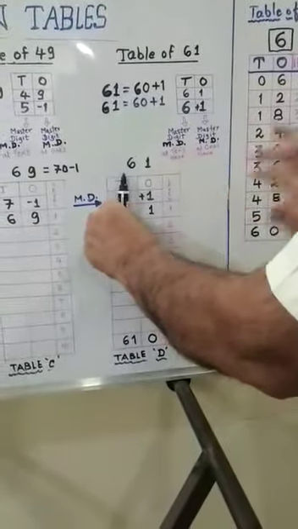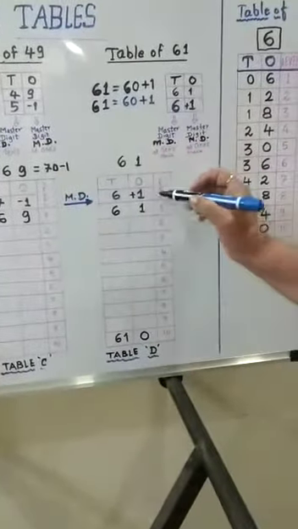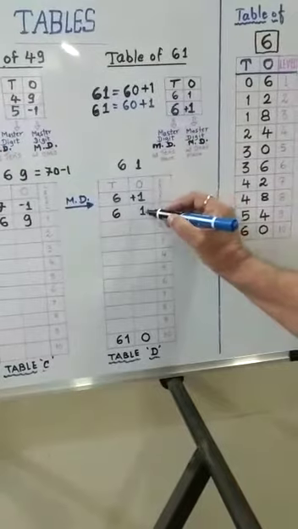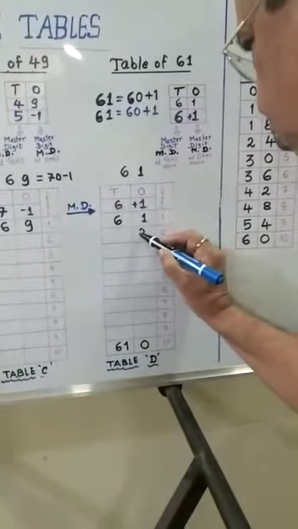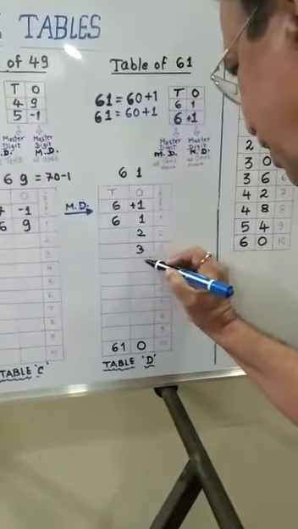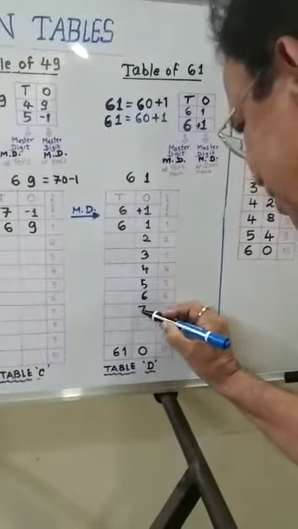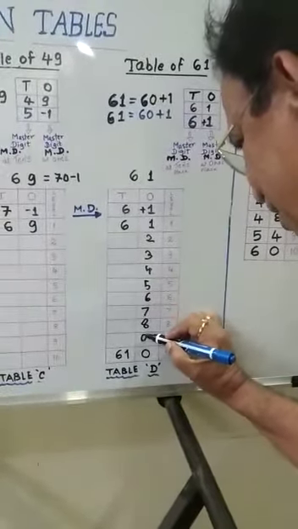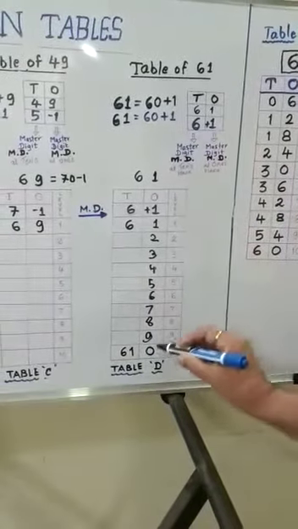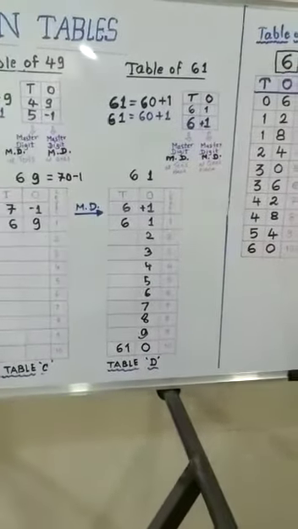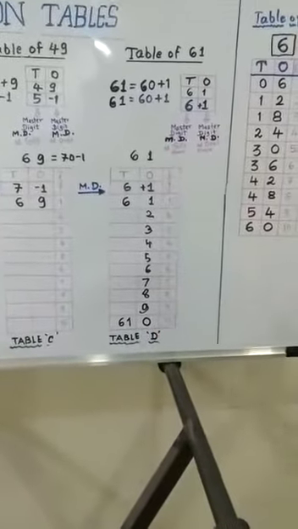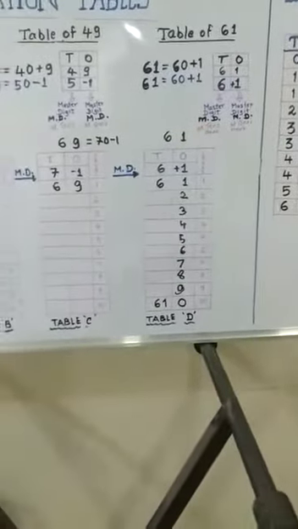We'll consider only the ones place first. To get the next number, operate the master digit on this. 1 plus 1, 2. 2 plus 1, 3. 4, 5, 6, 7, 8, 9. And 9 plus 1, 10, so this is 0. All the numbers in the ones place are ready.